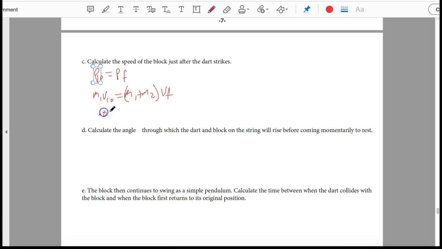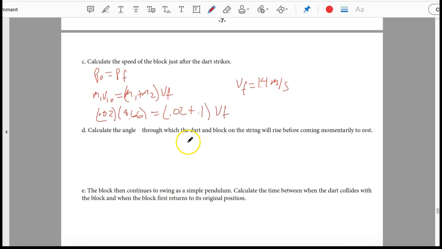So this is going to be 0.02 kilograms times 8.66. And then that's equal to the mass of that projectile, or the dart, plus 0.1 kilograms. And we'll multiply that times VF. So VF here is equal to 1.4 meters per second.